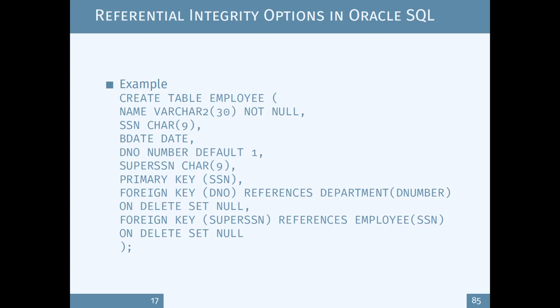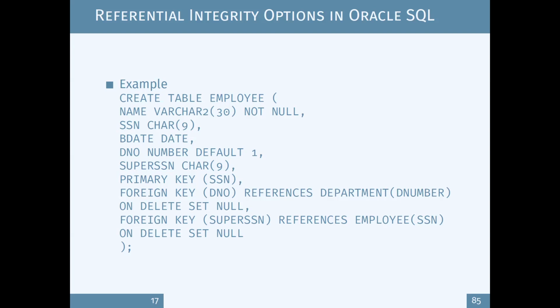So what we can say here is, type this one: foreign key, and then department number references department, D number, on delete set none. Right?